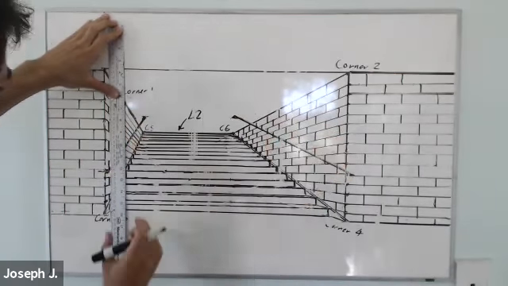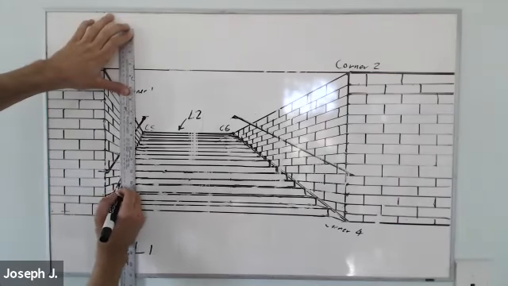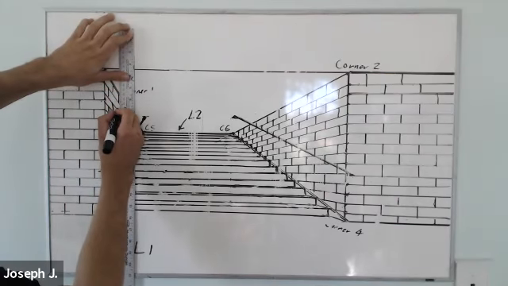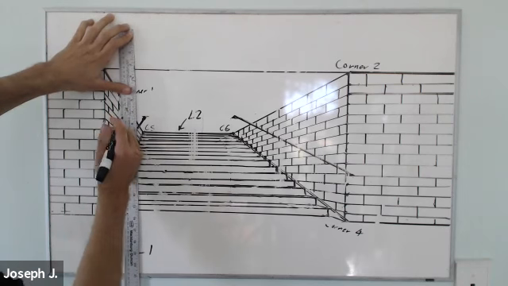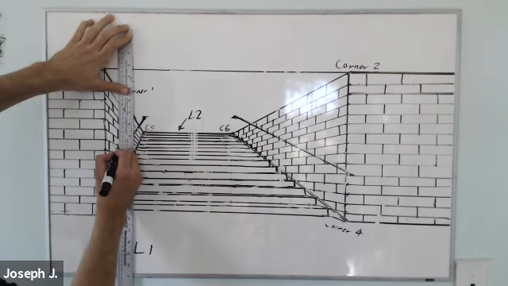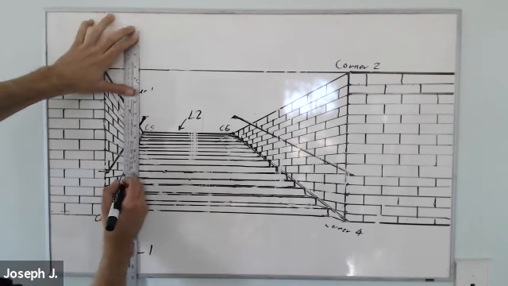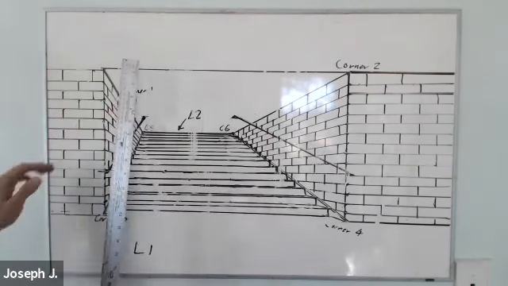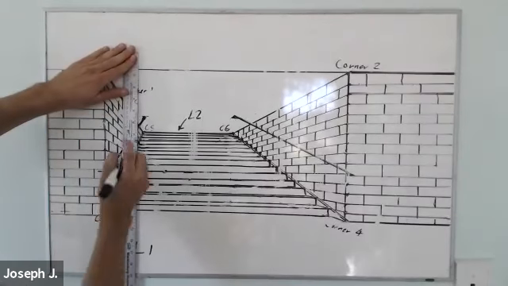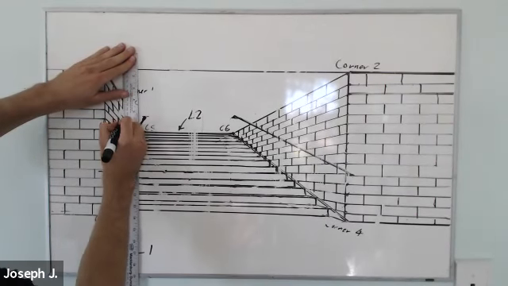Feel free to make these very close. We want to have an equal number of bricks on each side, but they're closer together here. That makes sense.